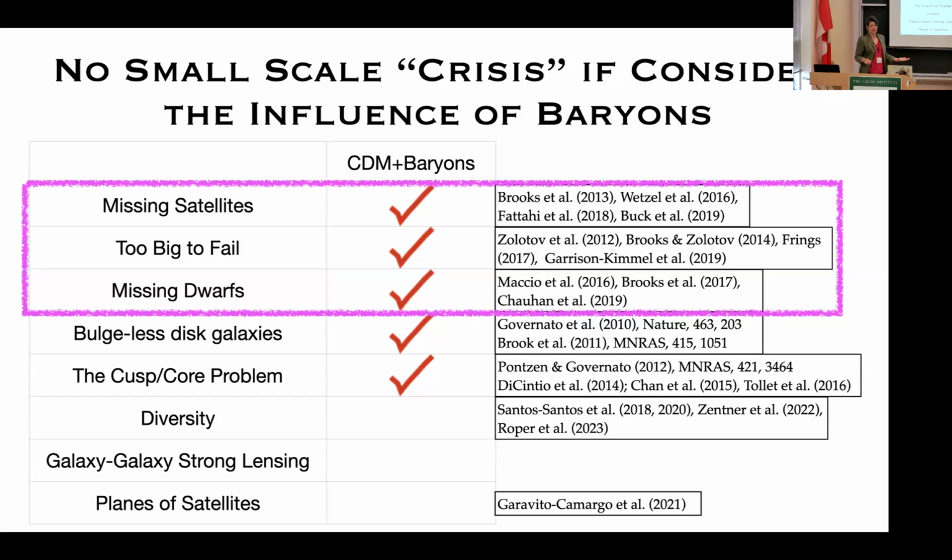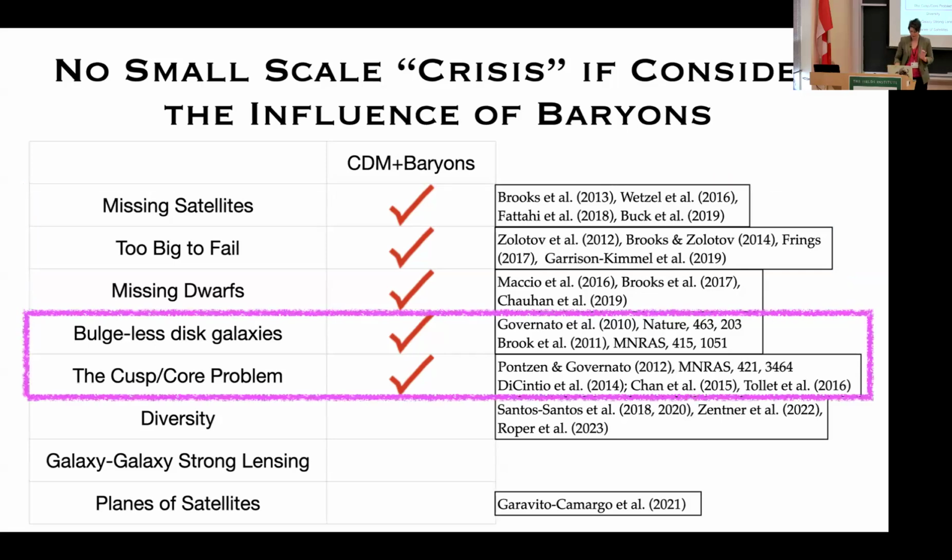It turns out that just has to do with modeling the gas correctly. If you take into account the fact that HI does not trace the maximum value of your rotation curve in dwarf galaxies, then the discrepancy between how much it doesn't trace Vmax can reconcile that problem as well. So you don't necessarily need messy baryonic physics in those cases, but you do need it in these cases.